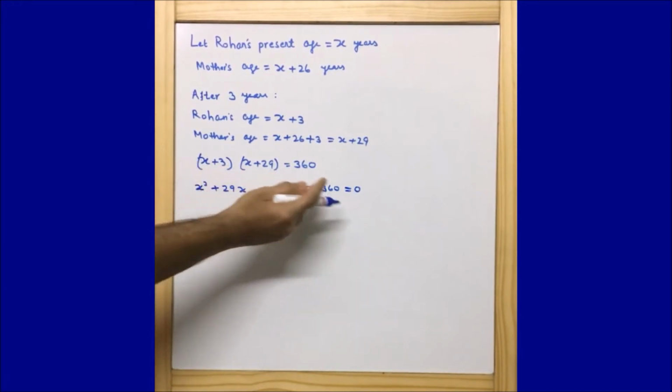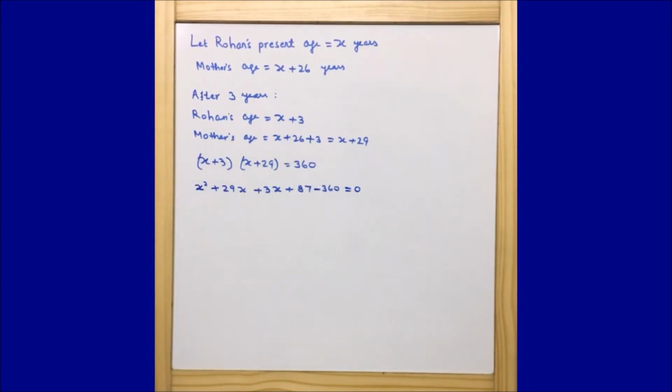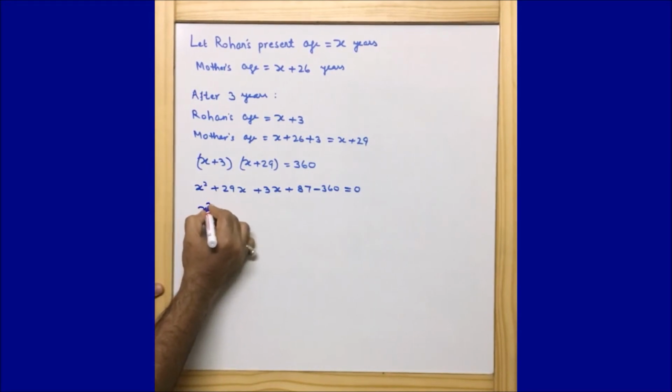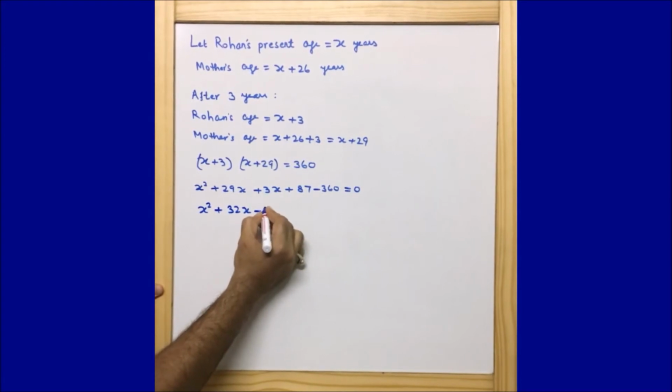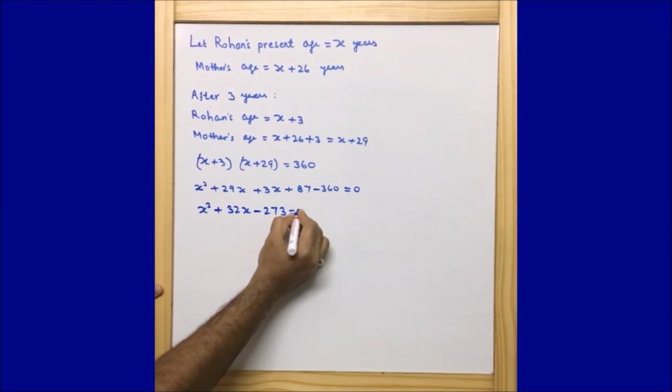I solved this one and also I took 360 to the left side. So we are getting x square plus 29x plus 3x plus 87 minus 360 is equal to 0, or I can write x square plus 32x minus 273 is equal to 0.